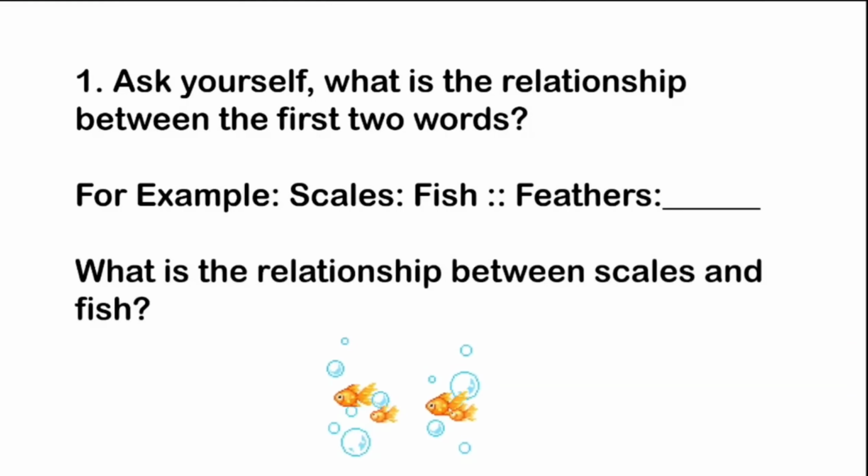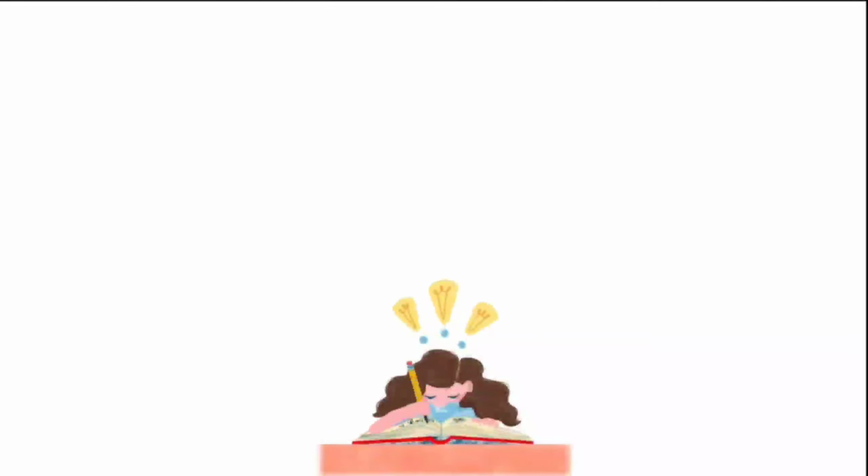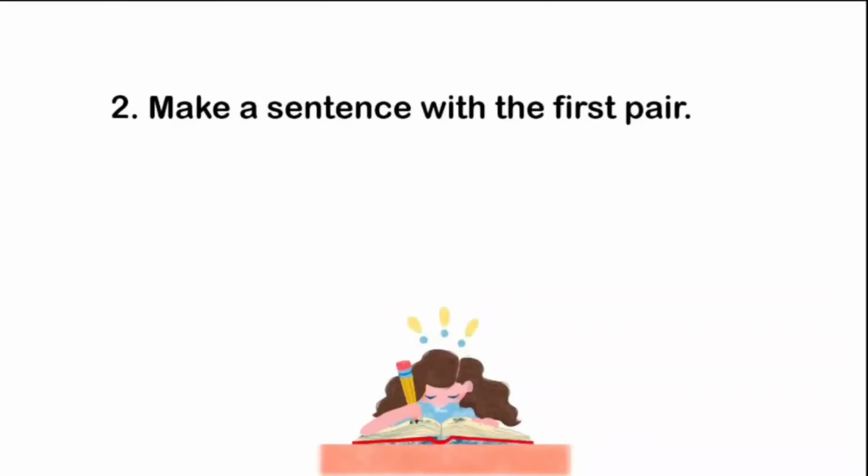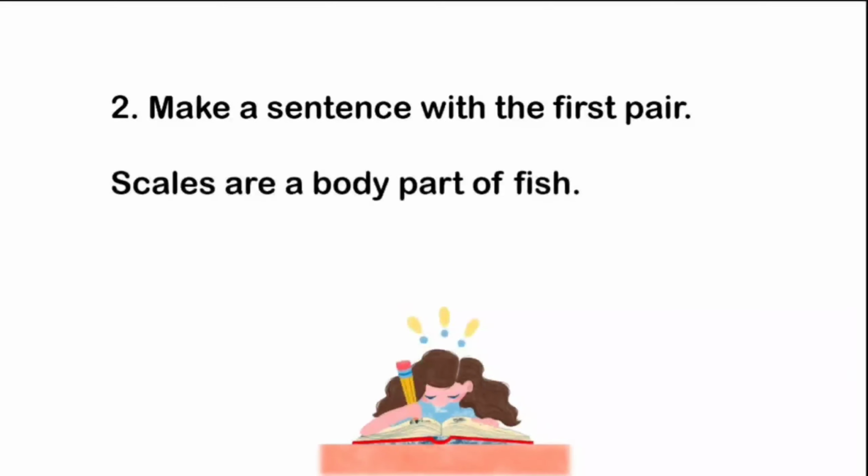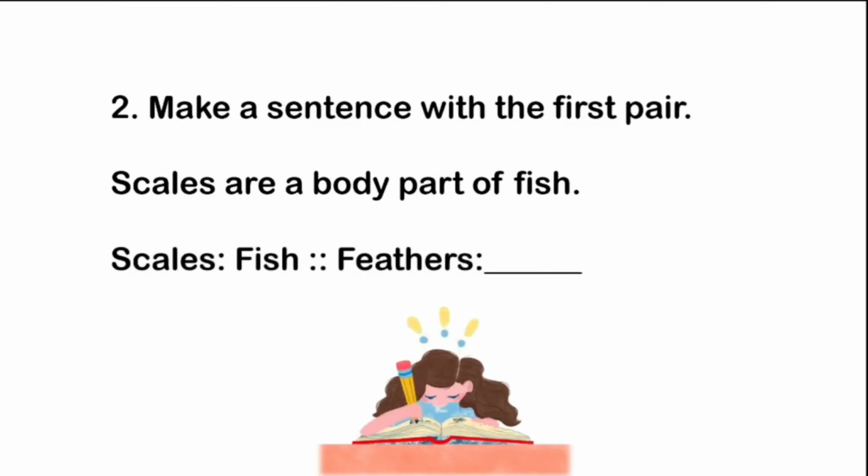What is the relationship between scales and fish? The second step is to make a sentence with the first pair. Scales are a body part of fish. So we can see here in the example that scales and fish are a pair, so we used scales and fish in a sentence.